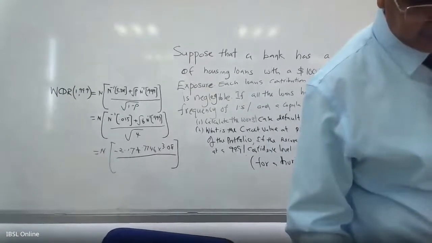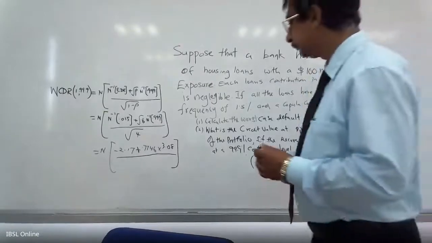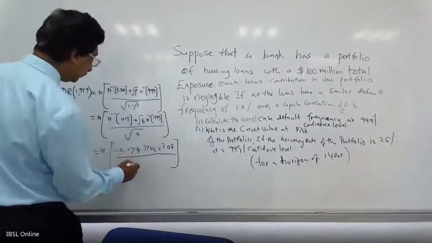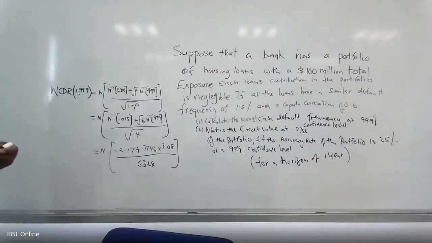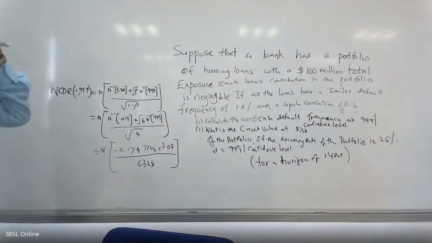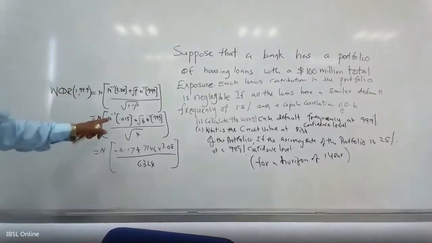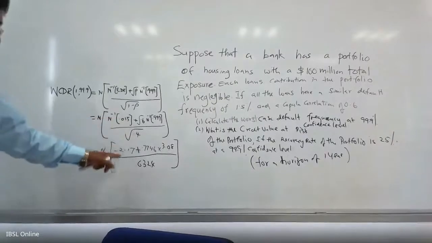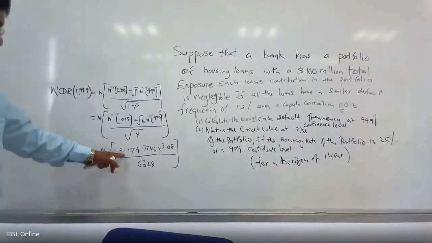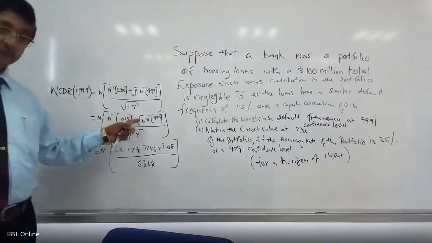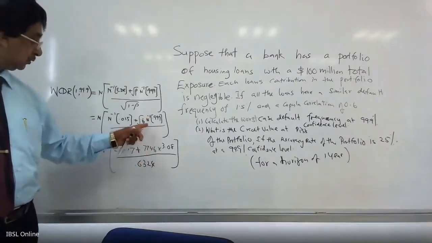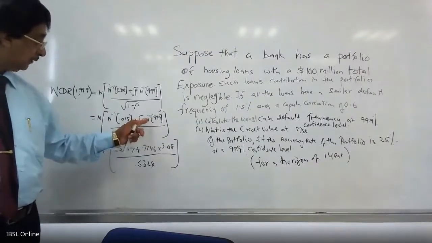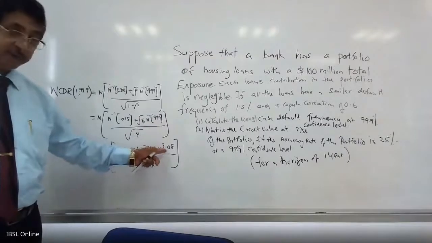That is 0.6324. Now, you get the inverse normal of 0.015 as minus 2.17. You take the square root of 0.6 as 0.7746, into the inverse normal of 0.999, which is 3.08.